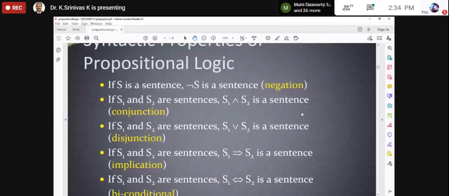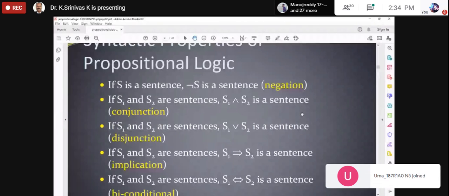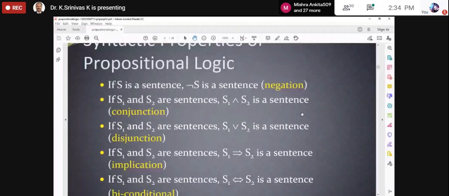Now, how do I convert this into disjunction? Can anyone tell me? How can I convert the conjunction into disjunction? See what topic we are going through in this class.